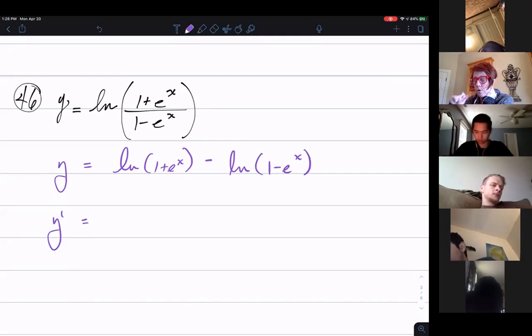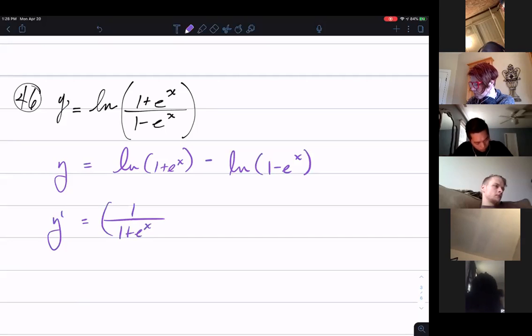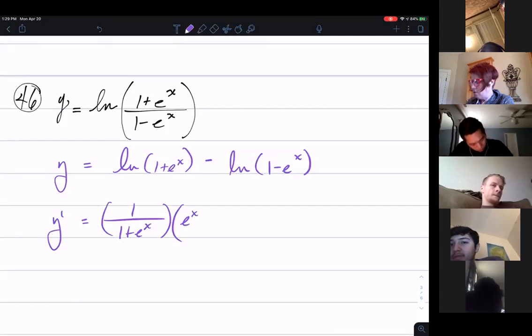And we've been here before. 1 over 1 plus e to the x. Yes, so it's 1 over a copy, times e to the x, times 1. Technically times 1, yeah, but you don't have to write down the times 1. So that takes care of the whole first term.